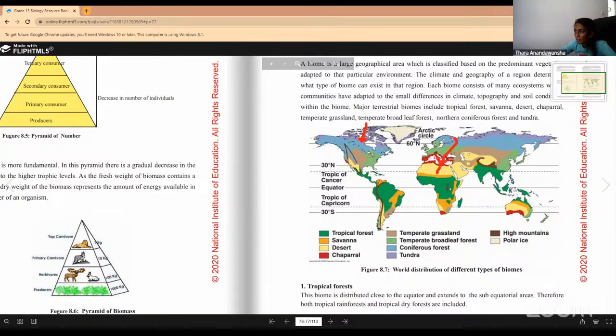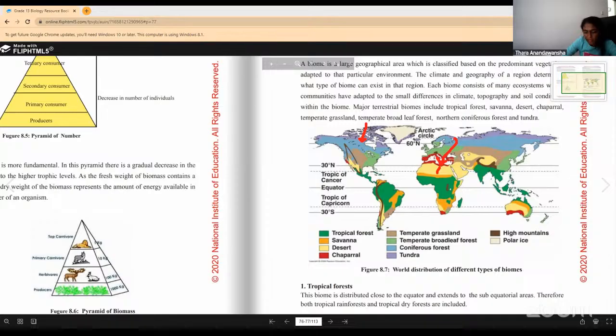Okay, but not in the correct adjacent biomes. Temperate grasslands and savanna. No, that is also wrong. The correct answer is 48. A, B, answer 3. Okay.